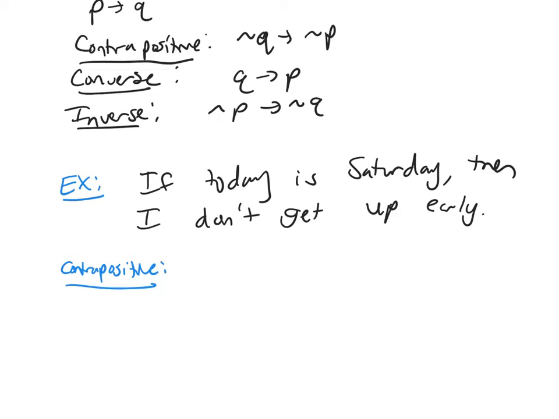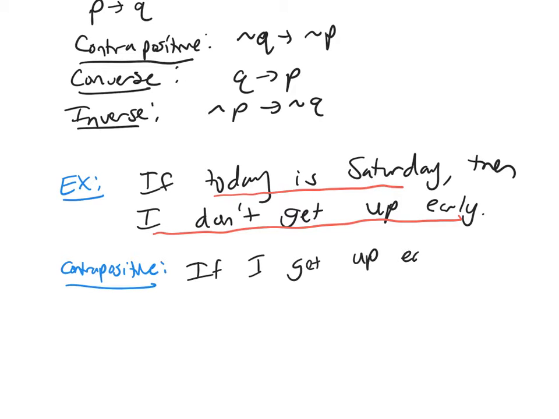Well, contrapositive, I switch them and I negate them. So, maybe I'll underline them in red so you can see the two pieces. So I'm going to take that second piece and negate it, so it becomes if I get up early, then today is not Saturday.